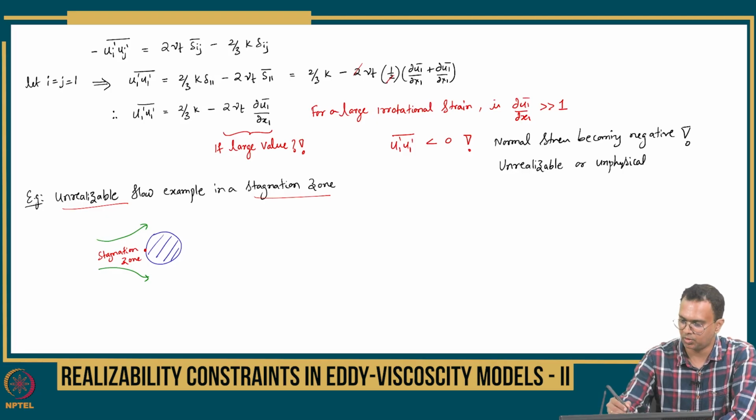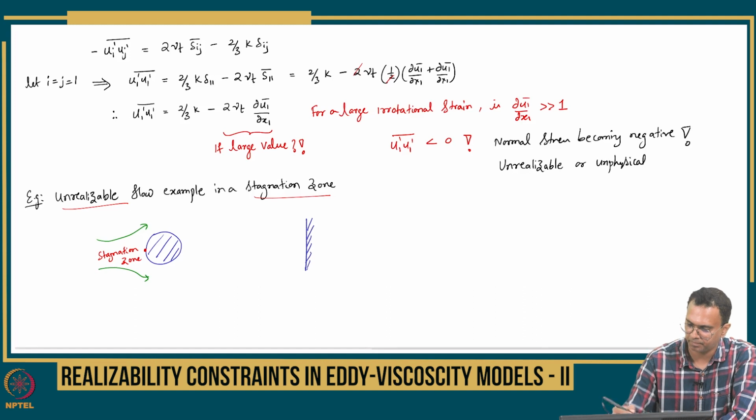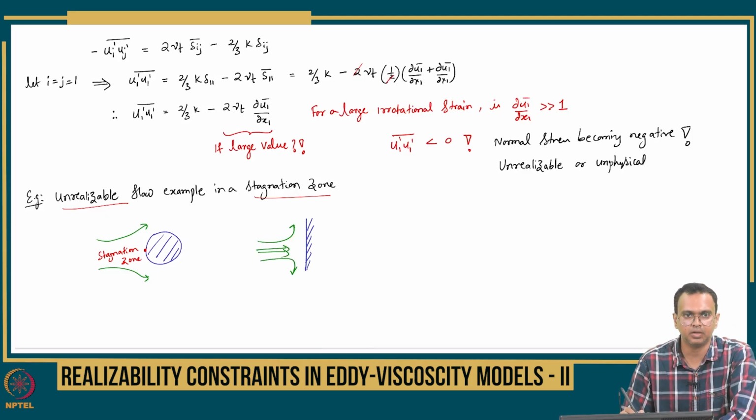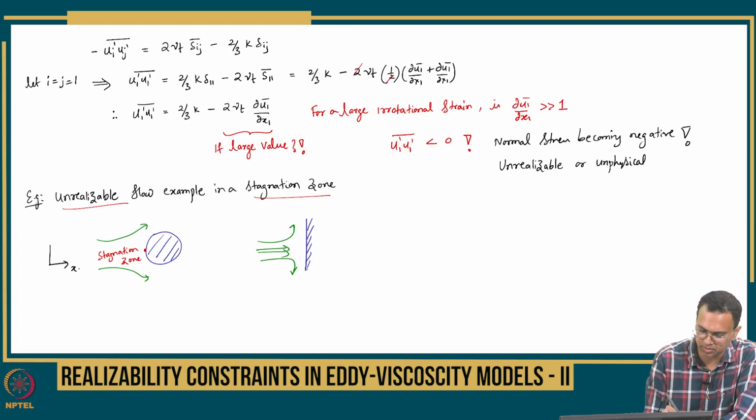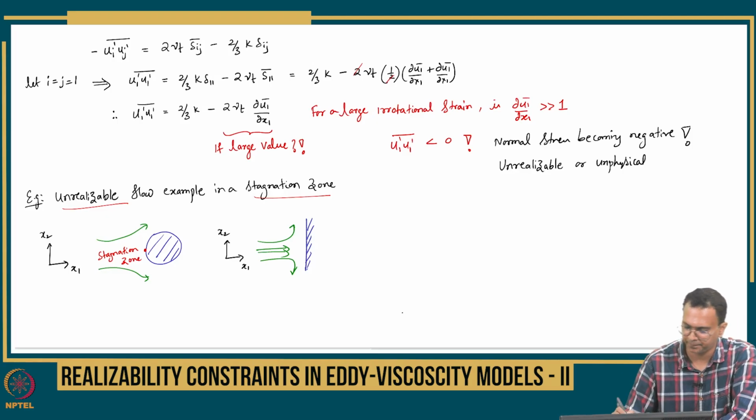Or you can get a region like this, let us say you have a plate and then you have flow impingement. Flow impinging on a plate, these kinds of situations can occur, right? So we can have the coordinate system for this as x1, x2, the same coordinate system. Again you have a stagnation zone here.